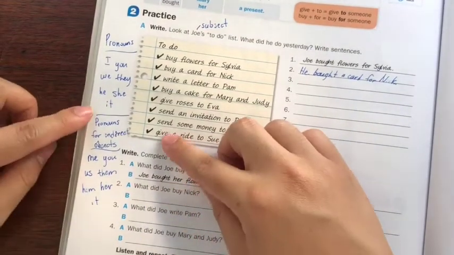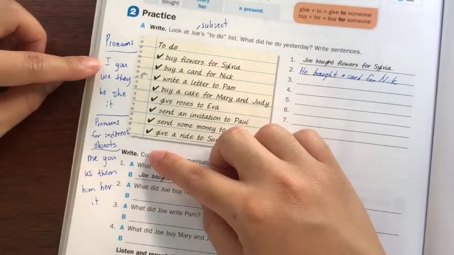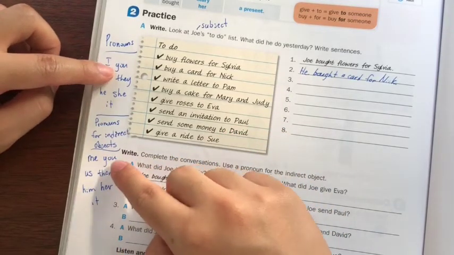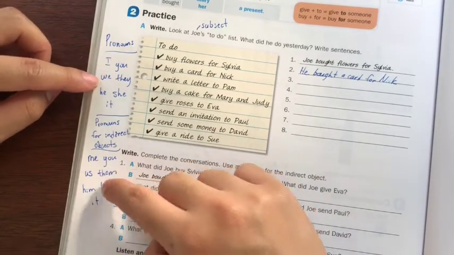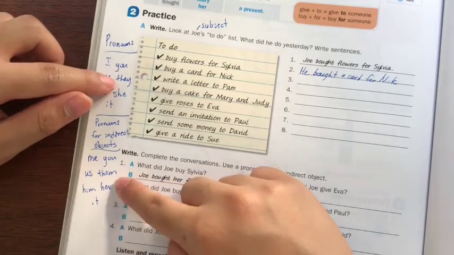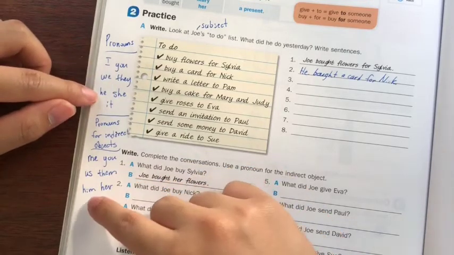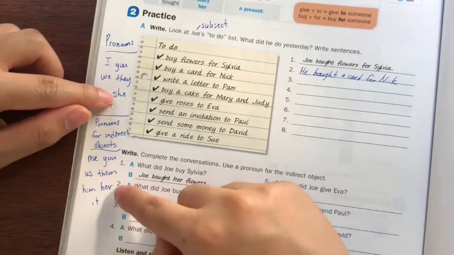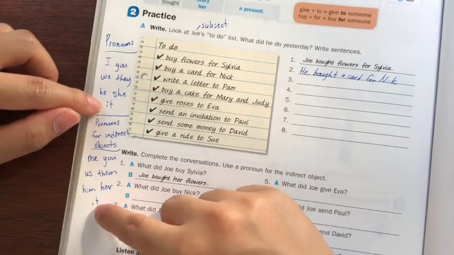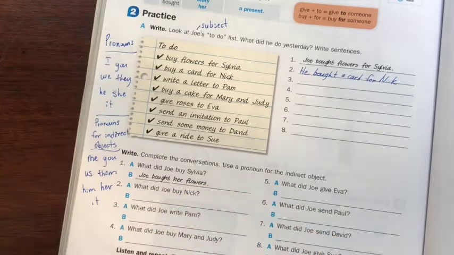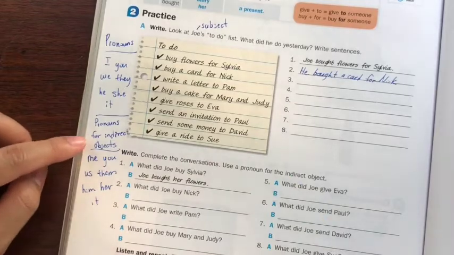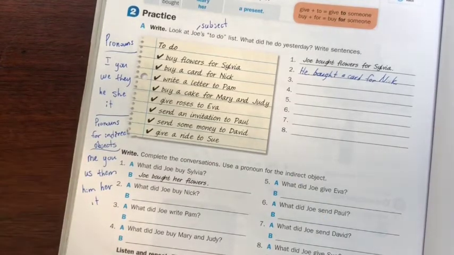These are the pronouns for indirect objects. I becomes me, you becomes you, we becomes us, they becomes them, he becomes him, she becomes her, and it is the same, it and it. So these are the pronouns for indirect objects.